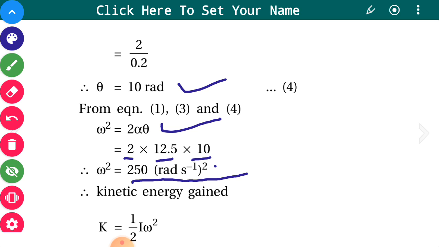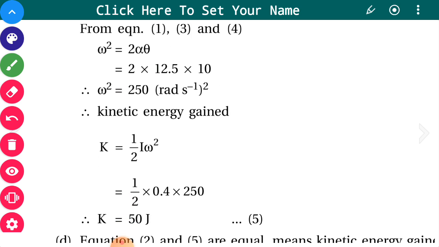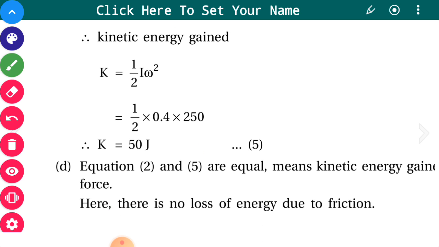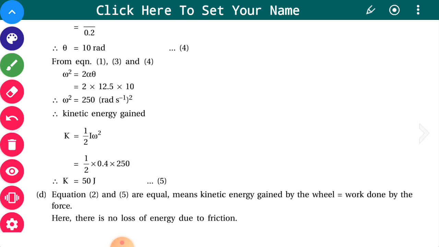Now directly you can write this omega square in this formula. Kinetic energy is 1 half I omega square. So instead of omega square you can use this 250. I is 0.4 and kinetic energy is obtained, that is 50 joule, which is same as the work done.